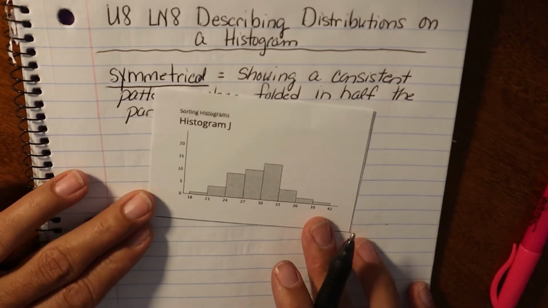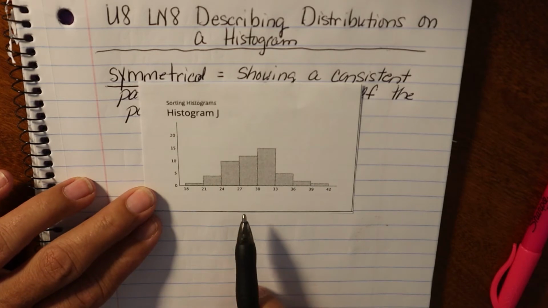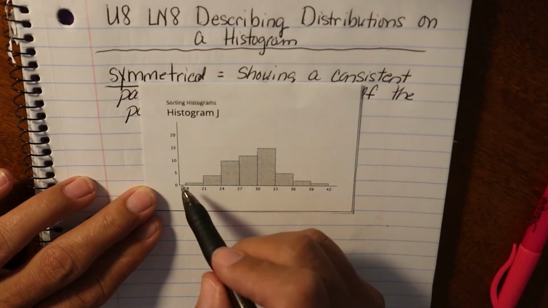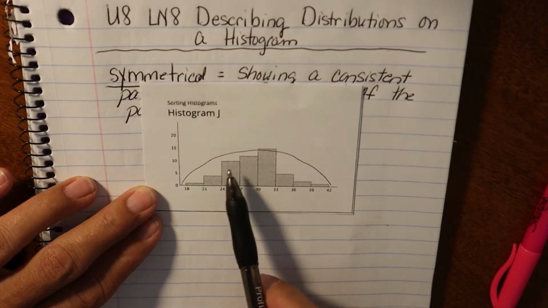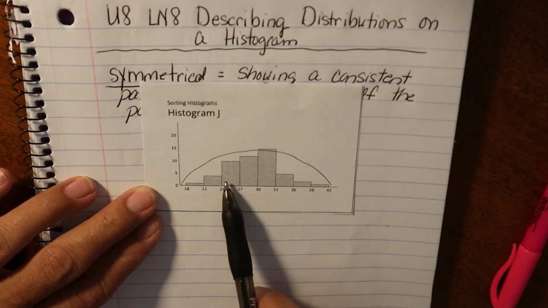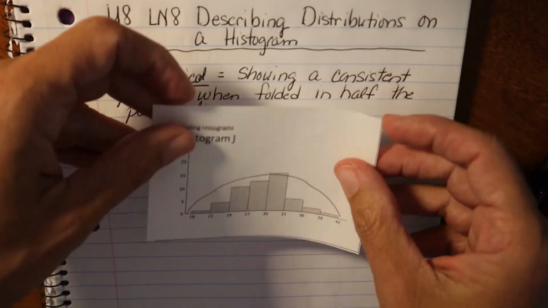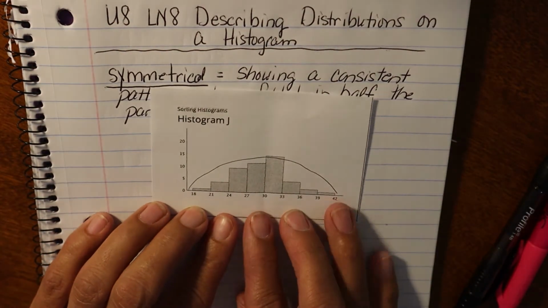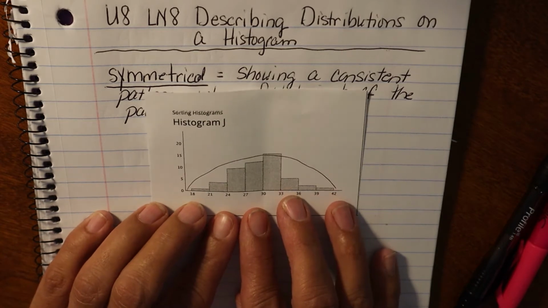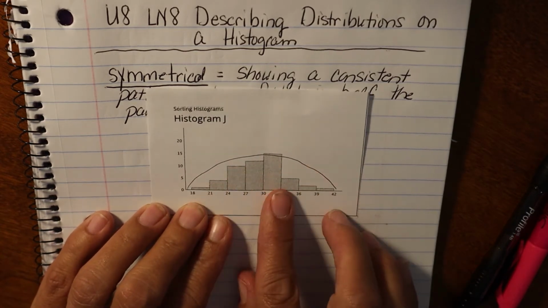If you look at this histogram, you can see that it has symmetry. It has a nice curved shape, first of all. We have some high points in the middle, some low points on either end. If I were to take this histogram and fold it in half, it would be very similar. Not identical, but in histograms we're looking for, is it similar?